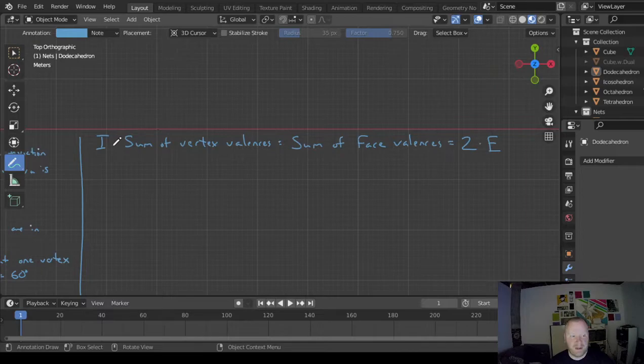You probably recognize this one, right? This formula is exactly like it is for maps. So we looked at, again, maps where we had, for example, the valence that looks something like, we could look at this vertex and say this has a valence of 1, 2, 3.